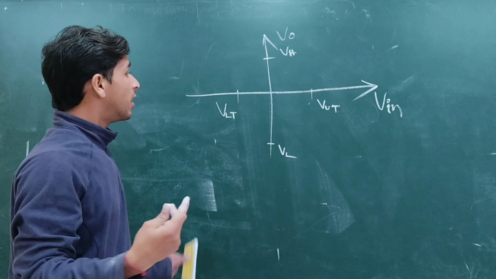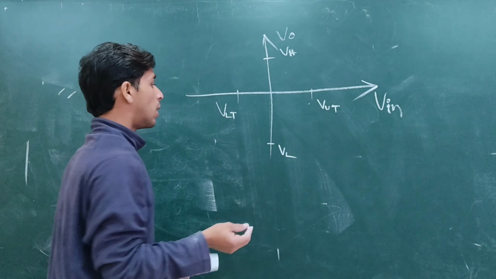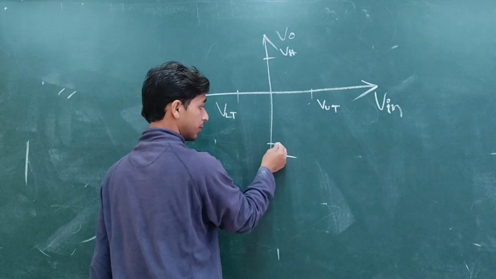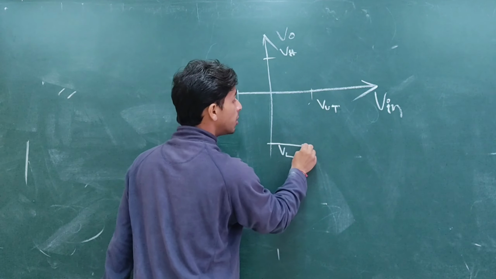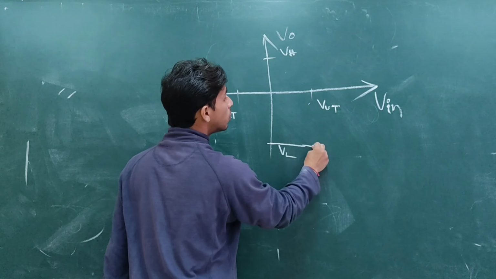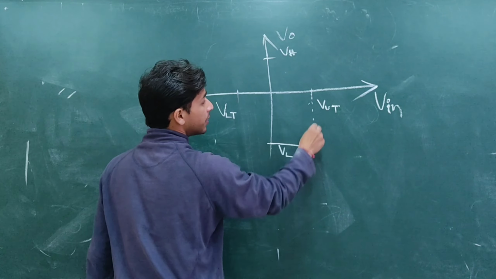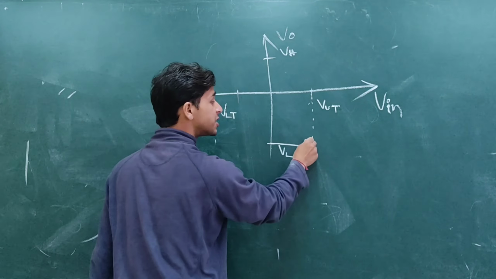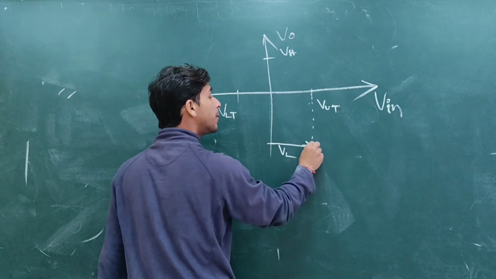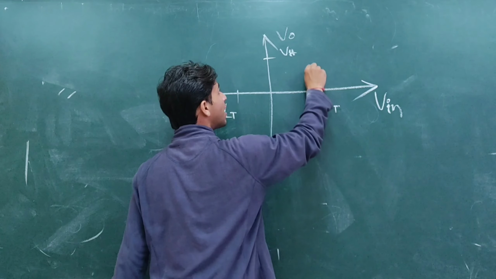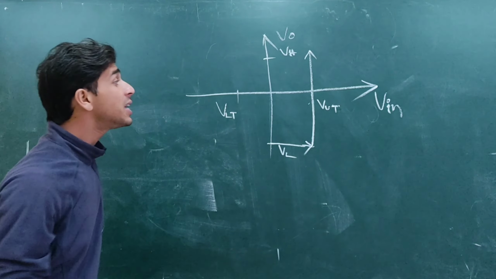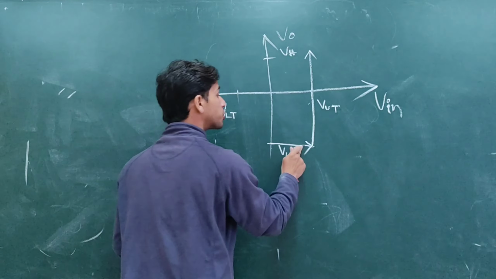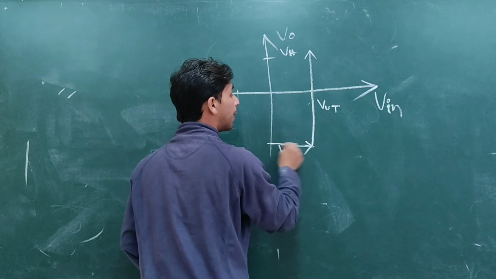Initially the input voltage is low, so the output is low, VL. If you increase the voltage, it will remain low until it reaches this upper threshold. Once it reaches the upper threshold, the output will increase to the high voltage. This means the output will become high if your input crosses the upper threshold.